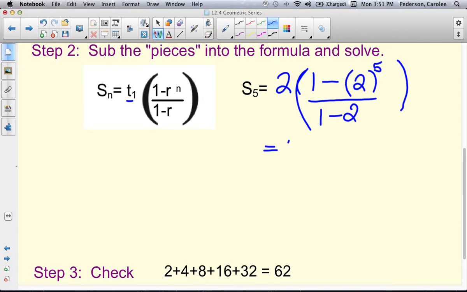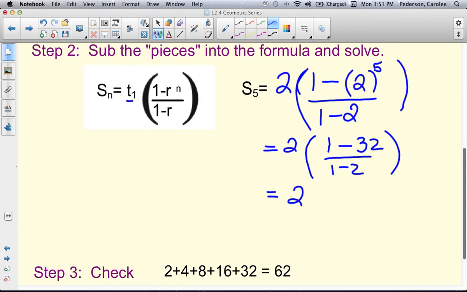So I'm going to go inside the large parentheses, and I'm going to focus on the exponent. So 2 to the 5th power is 32. And now within that parentheses, I'm going to clean up the numerator and denominator. So 1 minus 32 is negative 31. And then 1 minus 2 is negative 1.